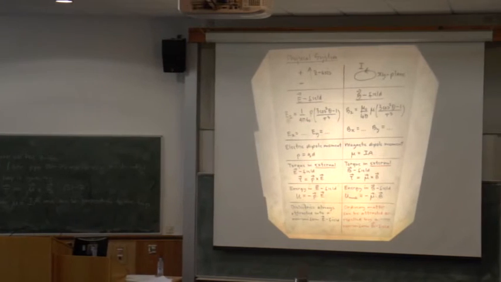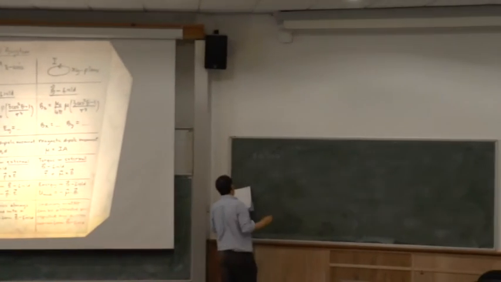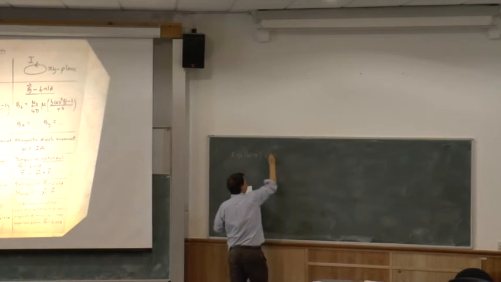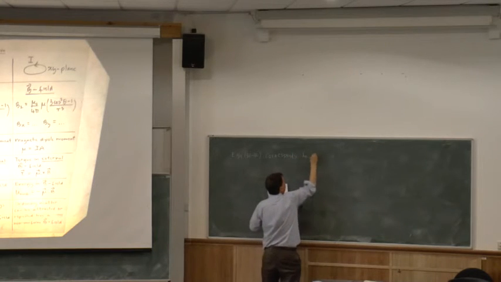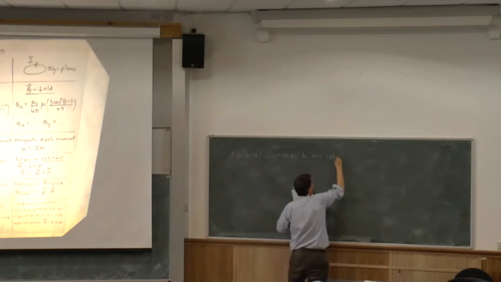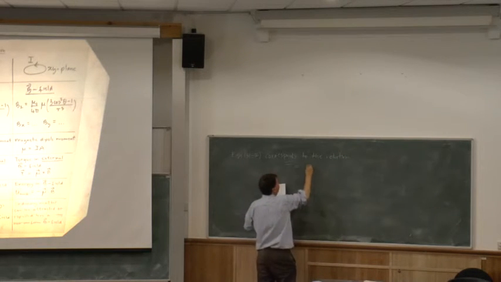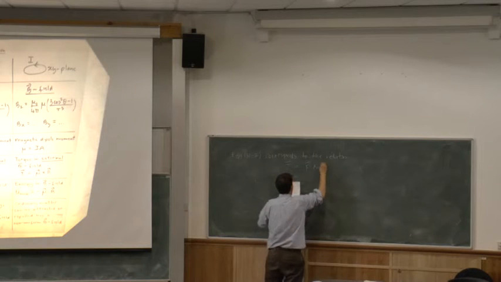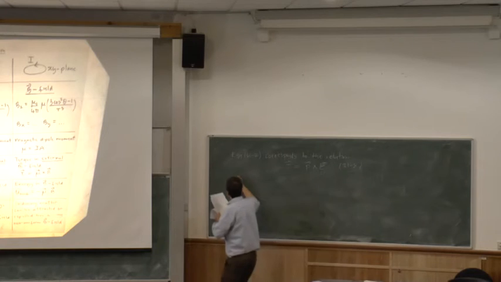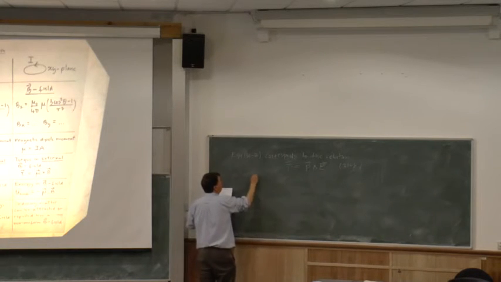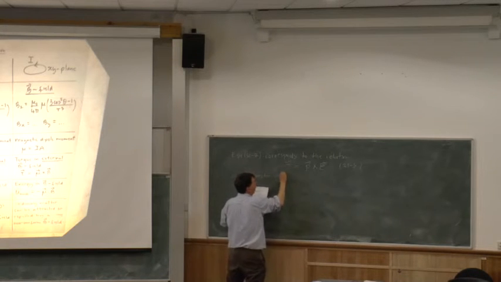And I'll make this comparison. So equation 31/7 corresponds to the relation that tau is equal to P cross E for an electric dipole. So the analogy is very, very complete.